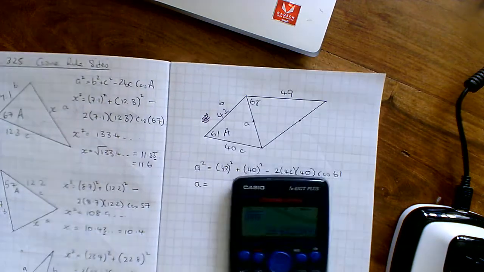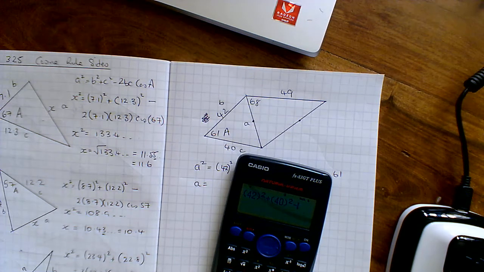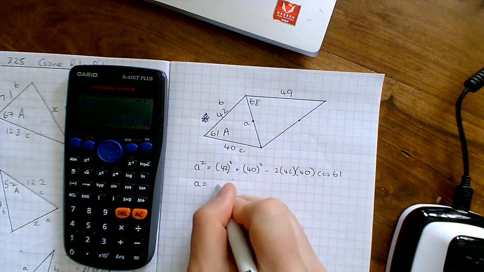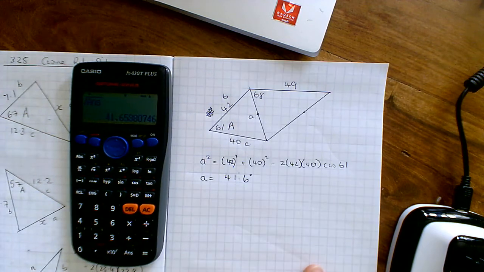So we've got bracket 42 bracket squared plus bracket 40 bracket squared, take away 2, bracket 40 bracket 42 brackets cos 61 bracket equals that thing, do the square root, and I've got 41.65. 41.65 is 41.6 degrees. Okay, so that's that one.